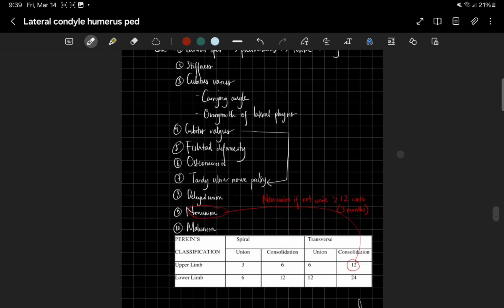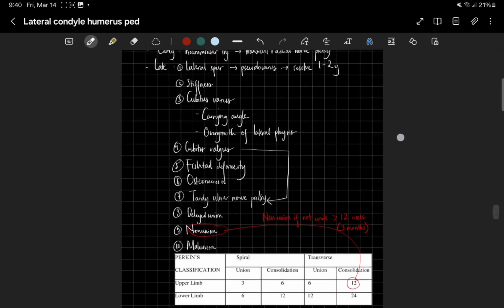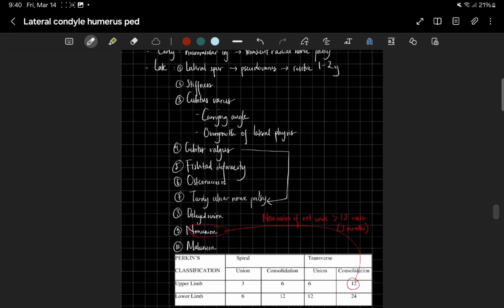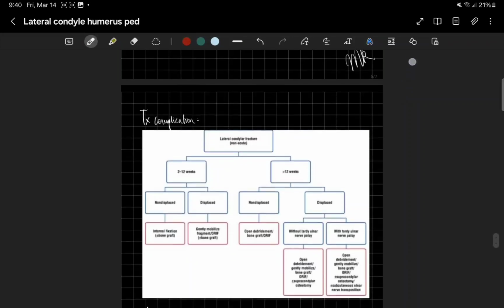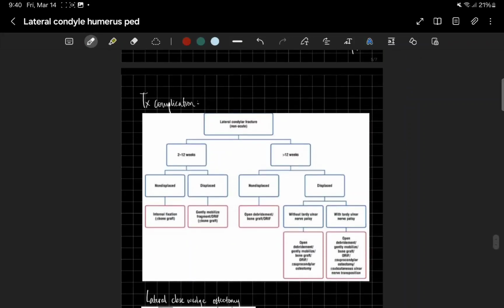To be noted, I just want to remind us about the Pirkenstein table, in which non-union is stated if it does not unite after 12 weeks or 3 months. For the treatment of complications or the non-acute lateral condyle fracture, if it is more than 12 weeks, for a non-displaced one we can do open debridement, bone graft, and ORIF.